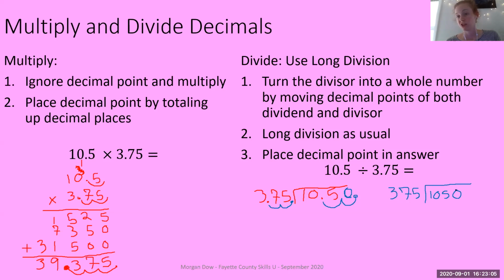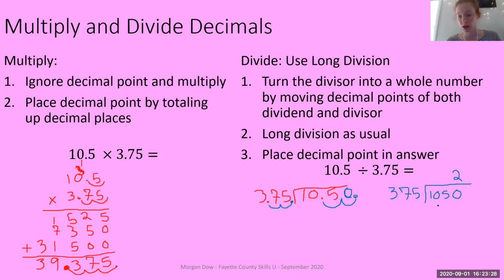Well, we can just start multiplying. So 375 times 2, that gives us 750. 375 times 3, that gives us 1,125. So it's too much. It doesn't go in that many times. It's only going to fit in 2 times.